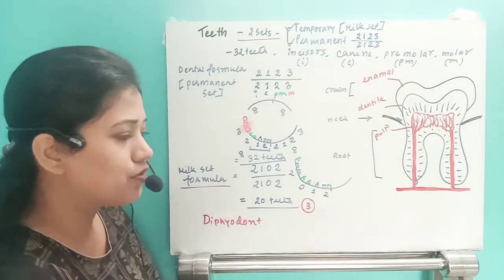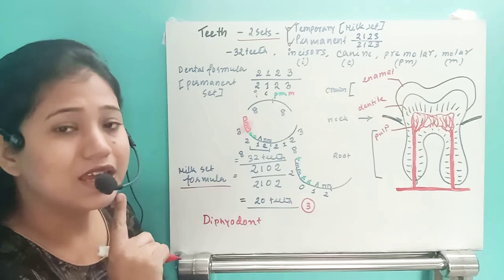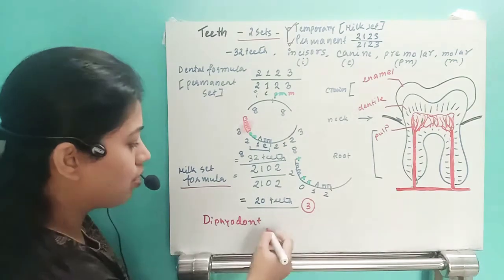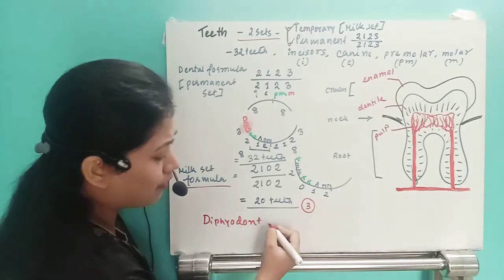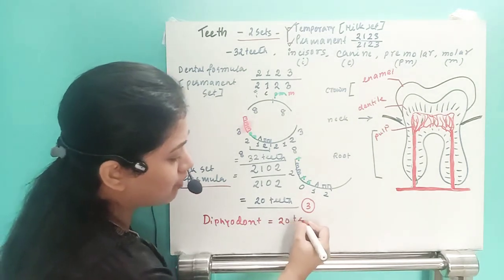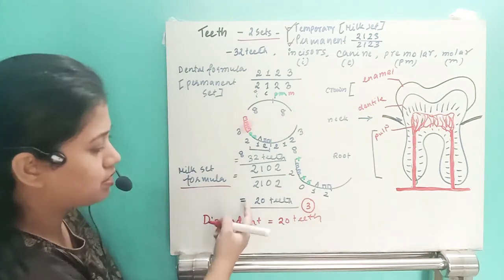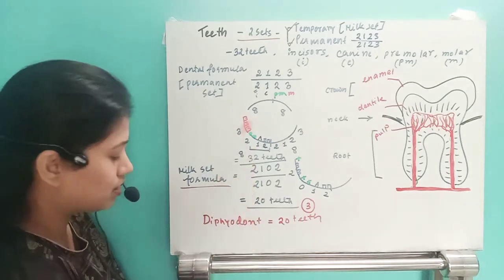So that's why, 3 in one half of one jaw: 3, 3, 6, 6, 6, 12. That means, how many teeth are diphyodont? 20 teeth will be diphyodont, isn't that? That means these 20 teeth will fall, and once again they will grow in the permanent set.